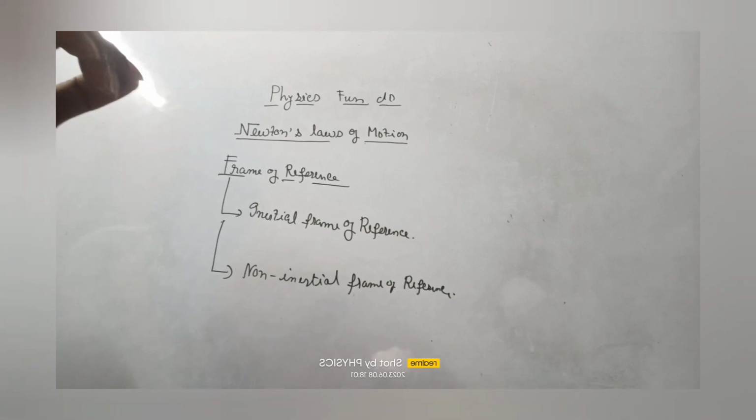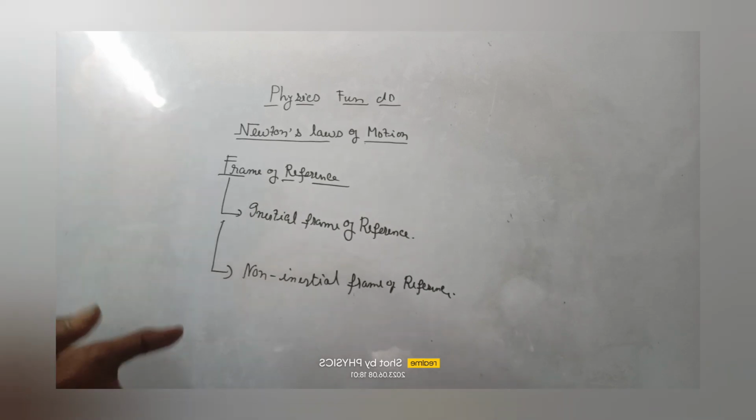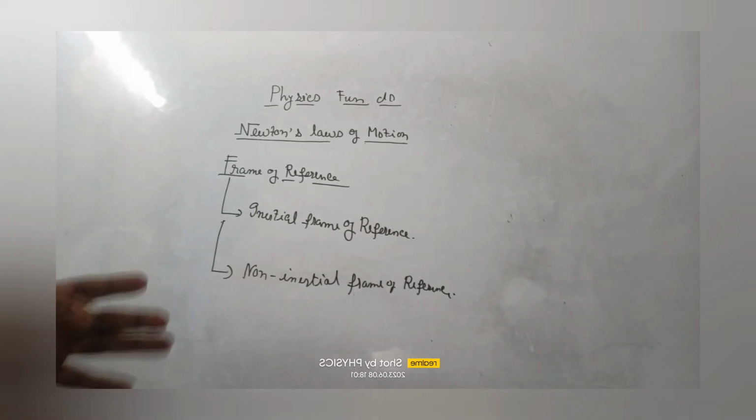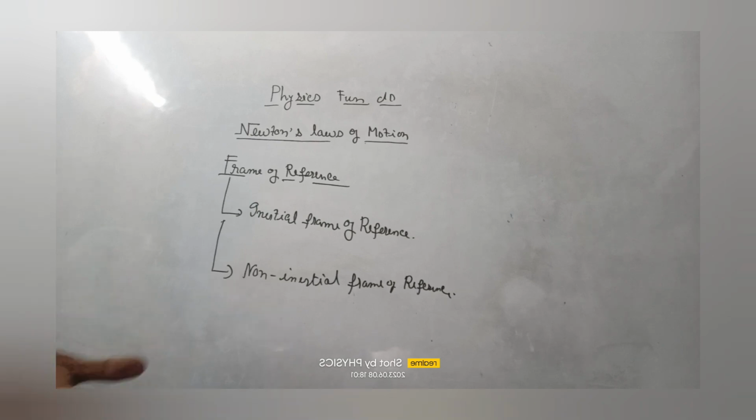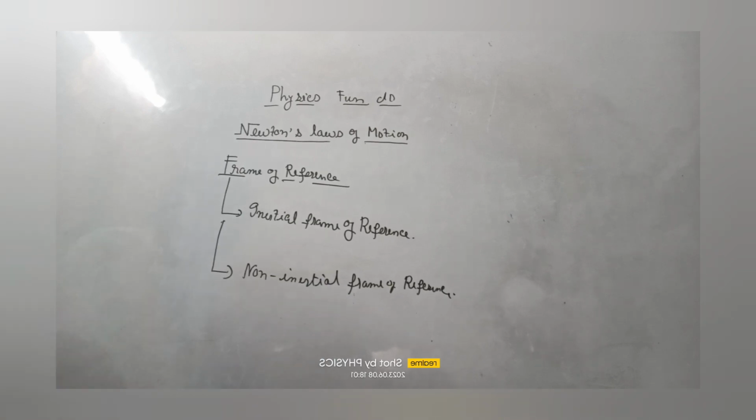The traveler sitting inside the plane also sees me accelerating in the backward direction. That is, with respect to him or her, I am the non-inertial frame of reference. So we have all the concepts about inertial and non-inertial frames of reference. Frames of reference may be of the Cartesian coordinate system, the cylindrical coordinate system, the spherical coordinate system, and so on, and also the curvilinear coordinate system.